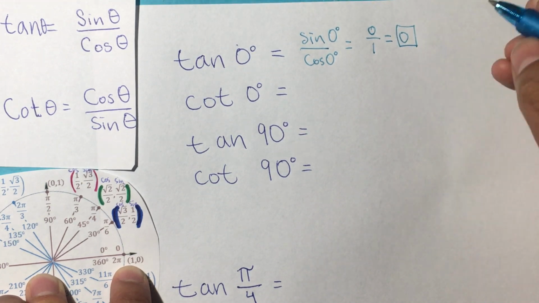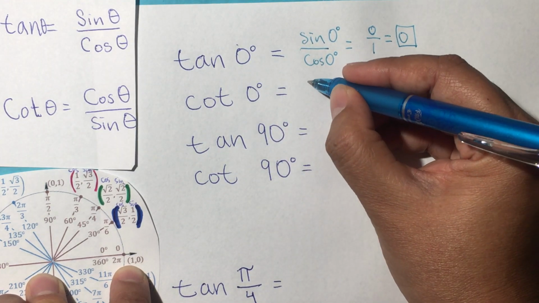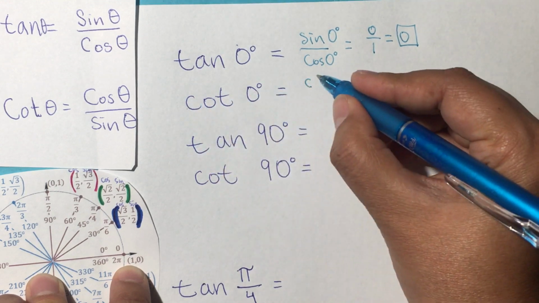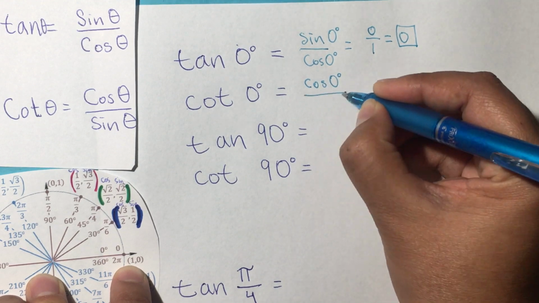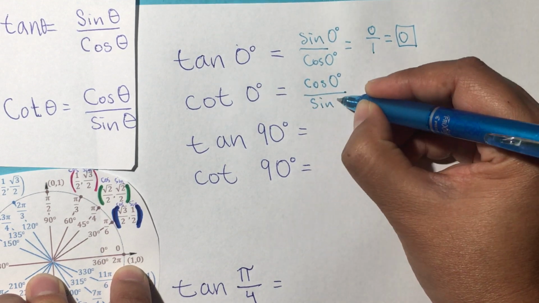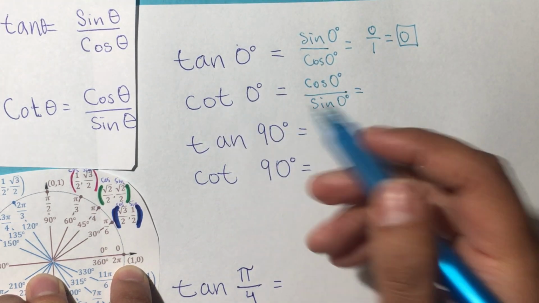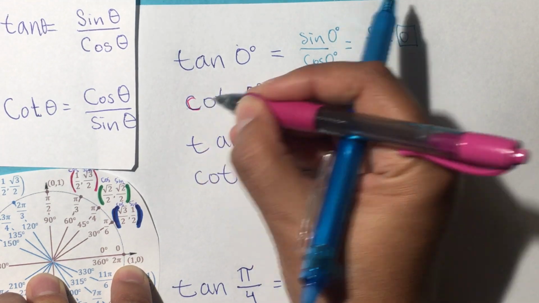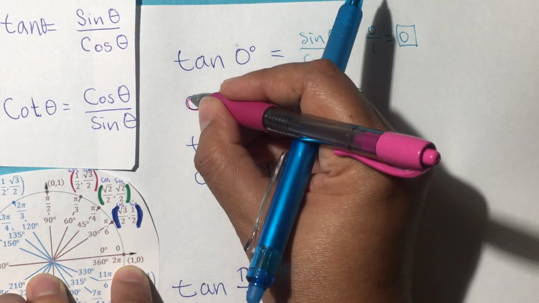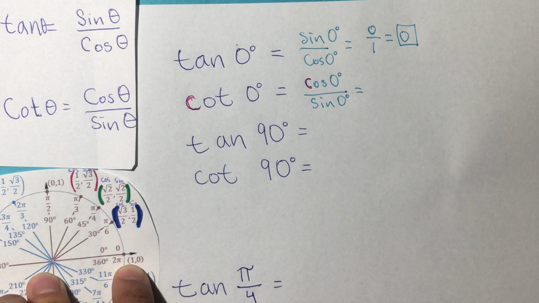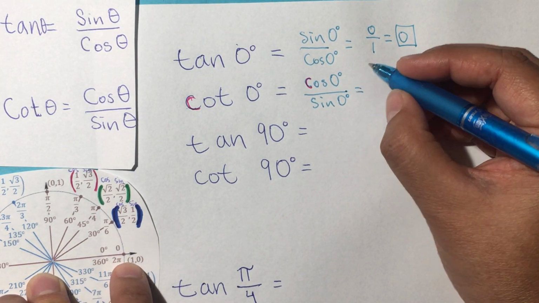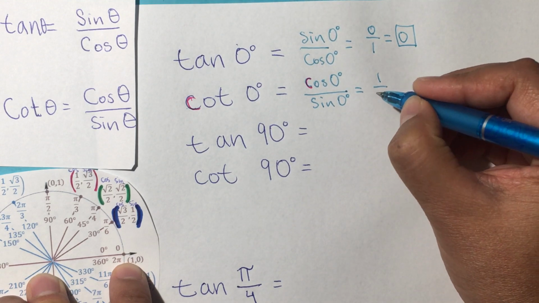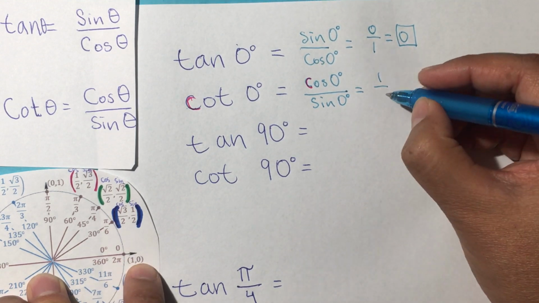For the cotangent, remember that c goes with c, so you start with cosine of 0 degrees over sine of 0 degrees. It's just to remember that for the cotangent, you start with the cosine. For the tangent, it's the other. And so the cosine of 0 is 1, divided by the sine of 0, which is 0.